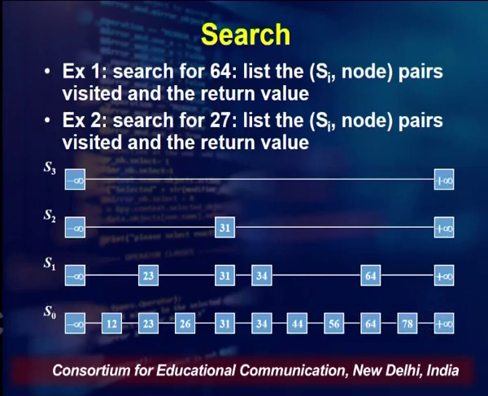For example, we are looking for 27, or in the previous example I have taken 60. So, if I am looking for search 60, or search 27, we will be listing the node pairs visited and the return value. The return value here in this case will be no such key. So, your search can be a successful search, or it can be an unsuccessful search.